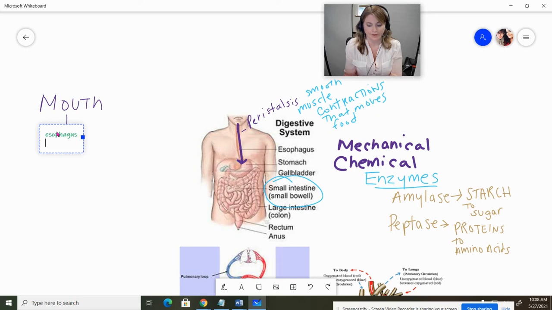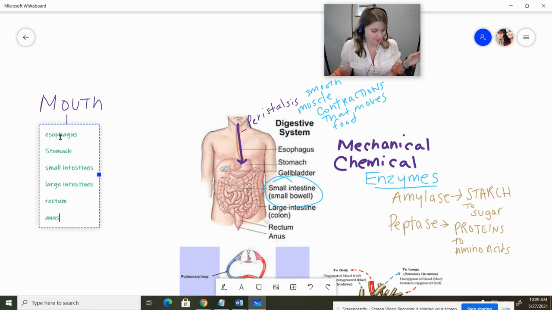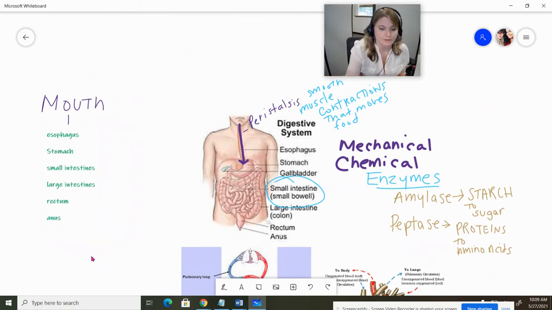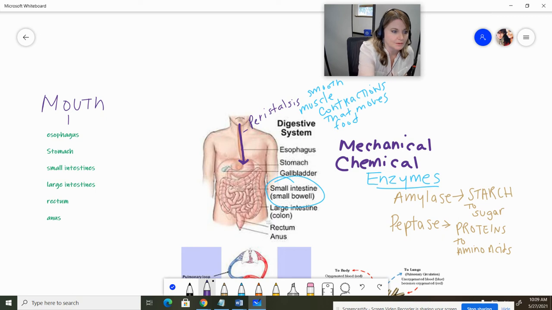And then it goes to the stomach, and then the small intestines, and the large intestines, and the rectum, and finally the anus, where it exits your body. I'll put little lines in there to indicate that it's moving through these different areas.